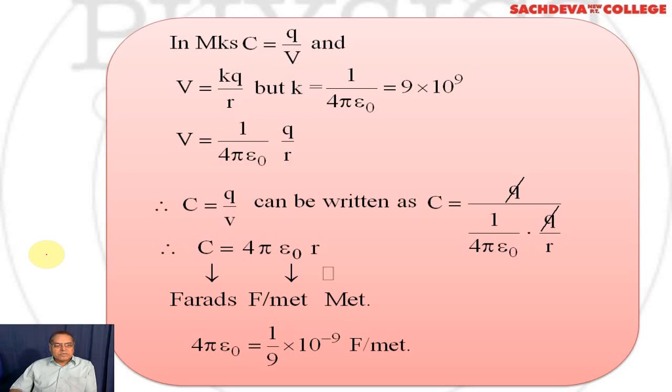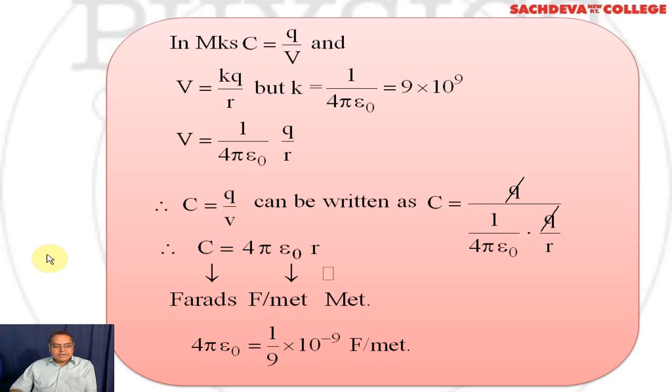The net function will become C is equal to 4 pi epsilon naught R. Now, if epsilon naught is in farad per meter and R is in meters, then capacitance will be in farads. 4 pi epsilon naught has an order of 10 to the power minus 10 farads per meter, as indicated in calculations.